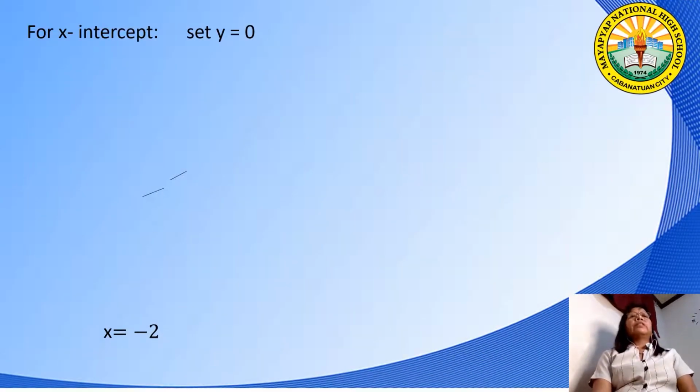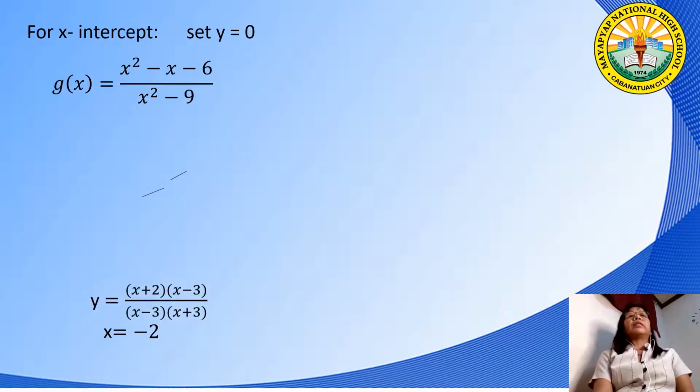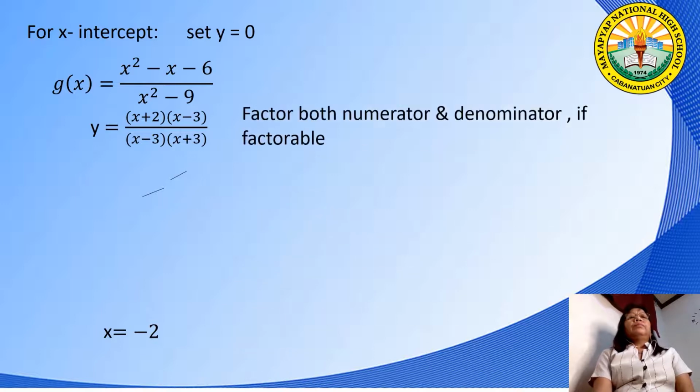For the x-intercept, you set y equals 0. So for example, g of x equals x squared minus x minus 6 divided by x squared minus 9. So your g of x is equal to y. So y equals quantity x plus 2 times quantity x minus 3 over quantity x minus 3 times quantity x plus 3.